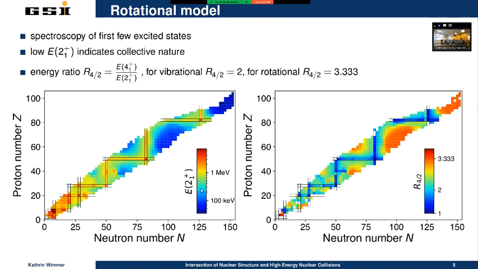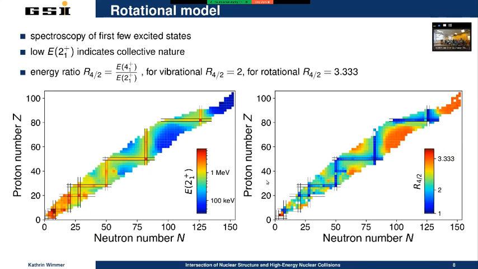So in the plot, you can see the whole nuclear chart, the excitation energy of the first 2+ state. And on the right side, this R42 ratio, and the behavior is exactly mirrored. So large R42 corresponds to very low excitation energy. Deformed nuclei are in the region of blue here, or red on the other side, and the magic spherical nuclei are along the magic numbers here.